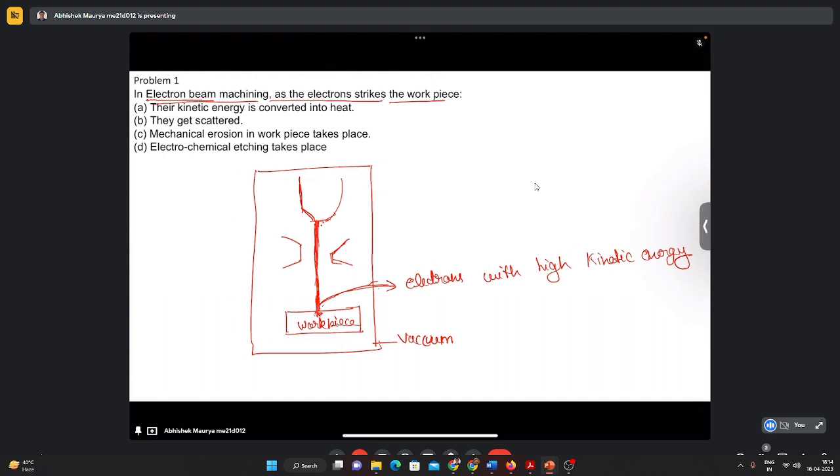So this process is used only for very specific purposes, where we need to go for some intricate shapes, narrow shapes, which cannot be done by conventional methods. So the correct answer is A.